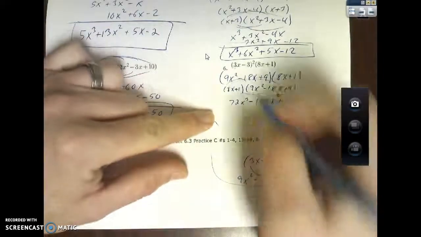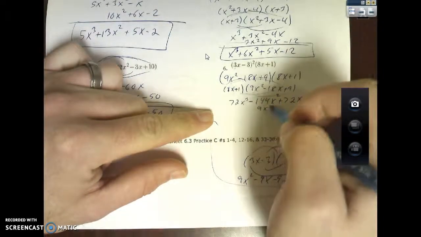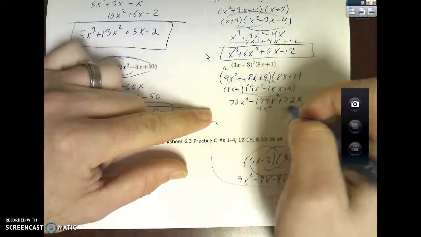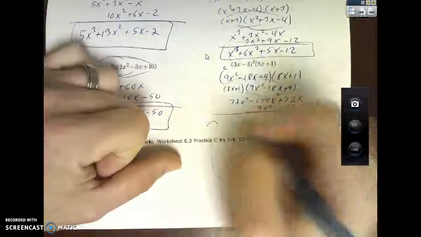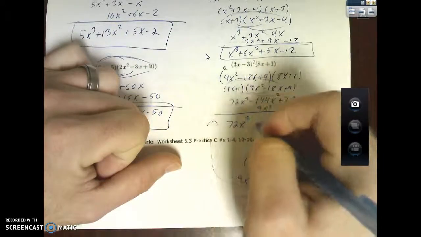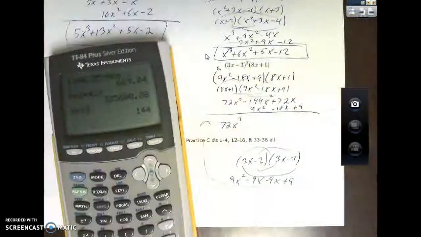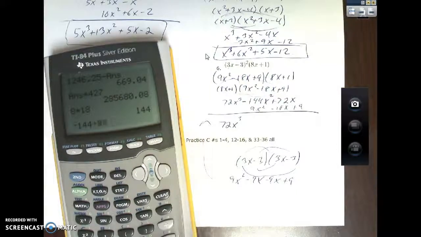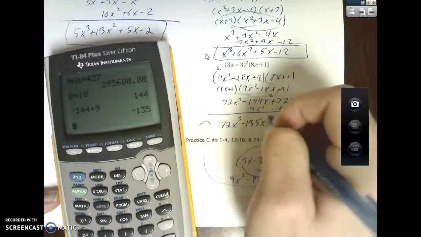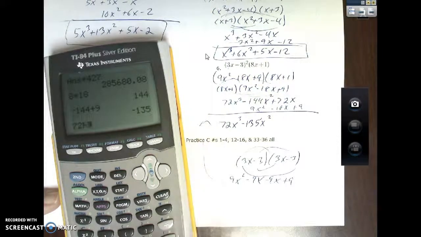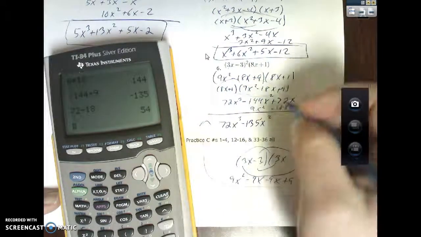And then multiply the 1 across, 9x squared minus 18x plus 9. Finally, combine like terms: 72x cubed, negative 144 plus 9 gives you negative 135x squared. 72 minus 18, 54.